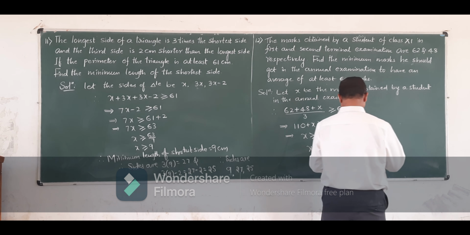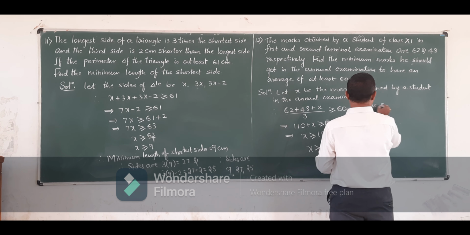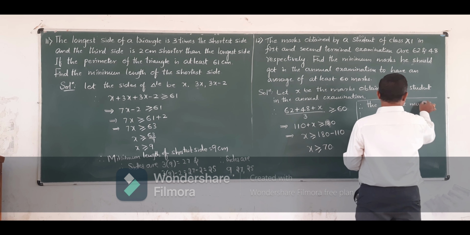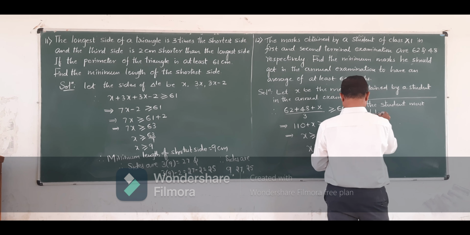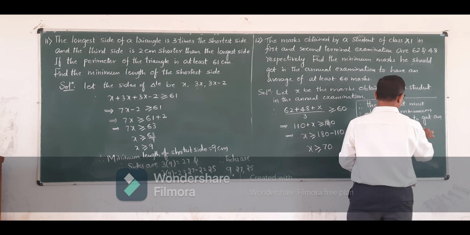Okay. Therefore, the student must obtain a minimum of 70 marks to get an average of at least 60 marks.